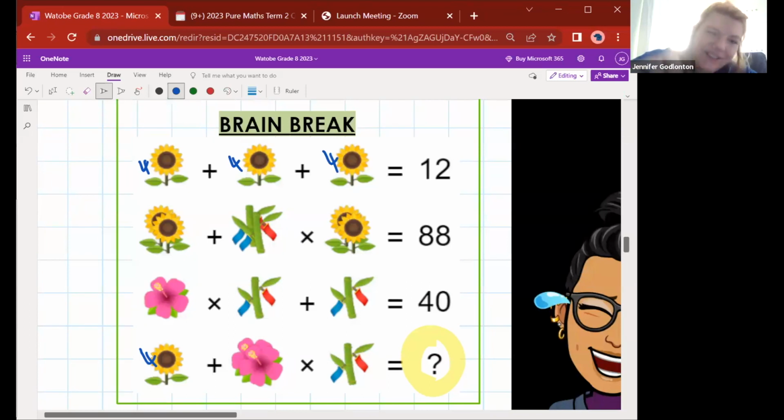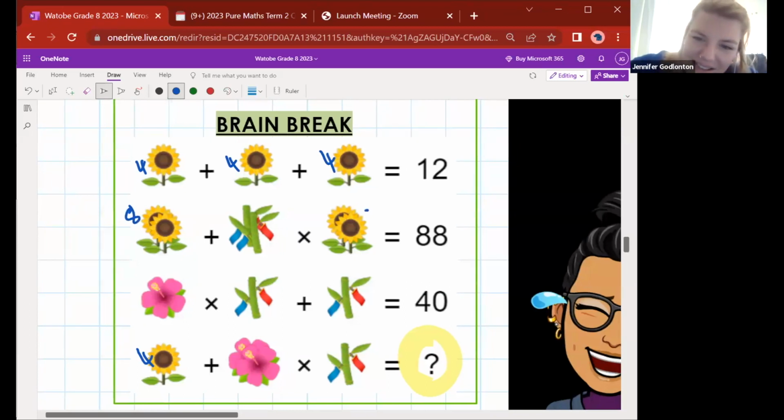Second 8, good, okay. So that means that sunflower is 8 and that sunflower is 8. I like it. So if I have 11 times 8, that's going to give me 88, but I have to also add this 8 here. So that's going to be a problem.